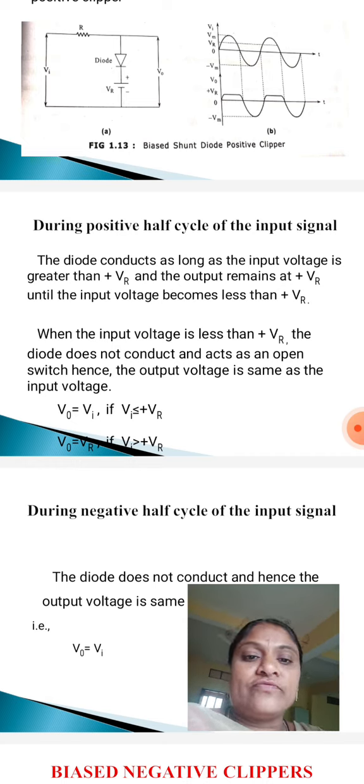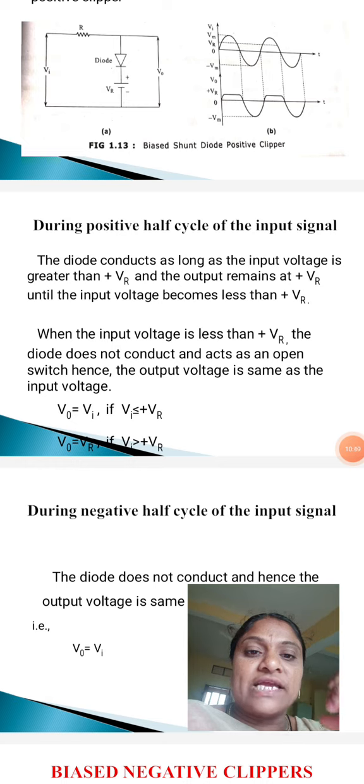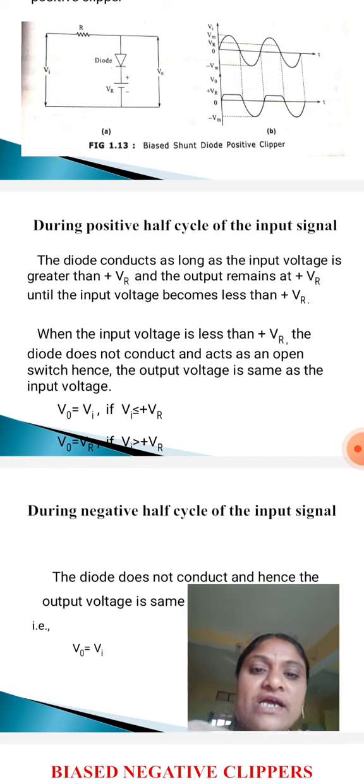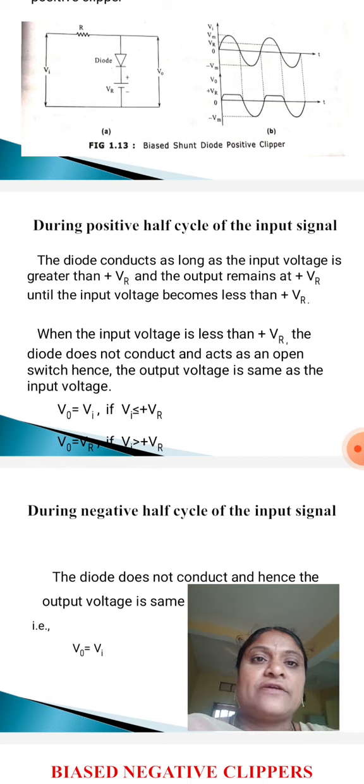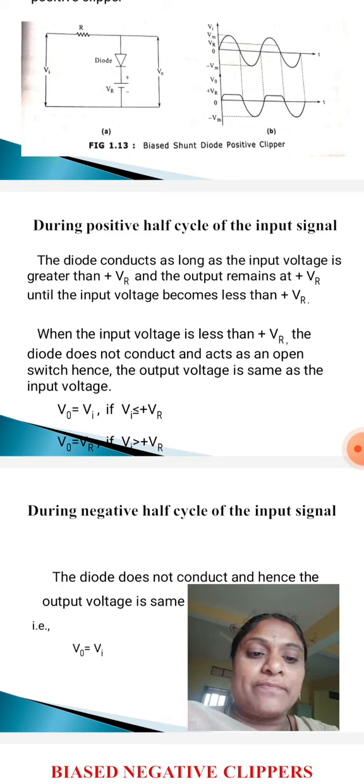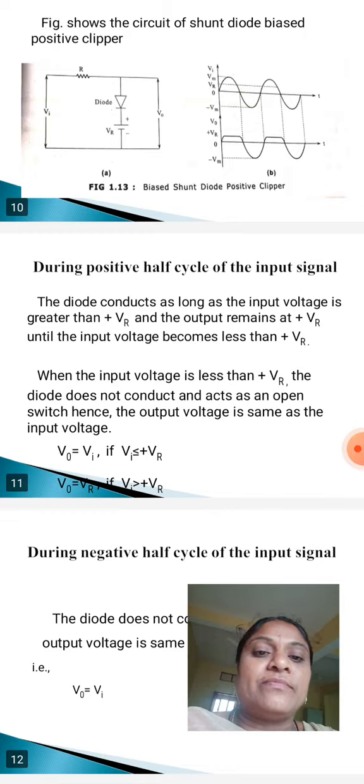Therefore, the output voltage V0 equals Vi if Vi is less than or equal to plus VR. The next condition is V0 equals VR if Vi is greater than plus VR. Observe this positive half cycle: up to VR the waveform appears, after VR the waveform is clipped off.